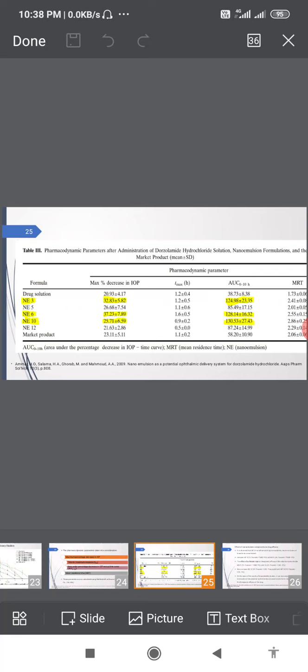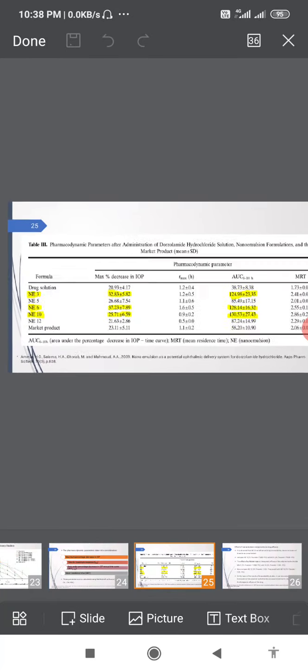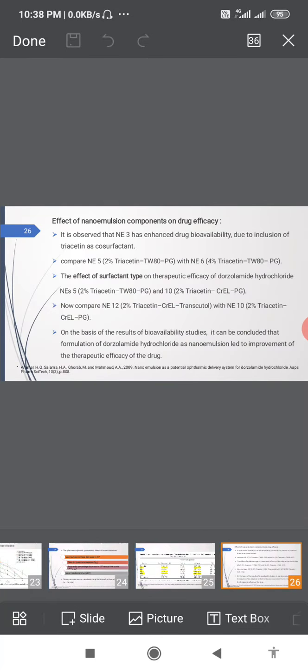It is shown that nanoemulsion 6 has more efficacy and prolonged effect than nanoemulsion 5. So we can say that a high concentration of triacetin in the formulation relates to the enhancement of bioavailability and prolonged effect.